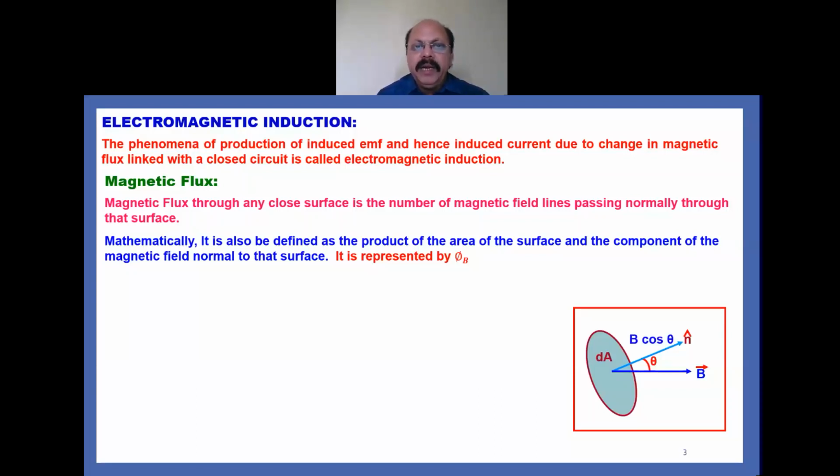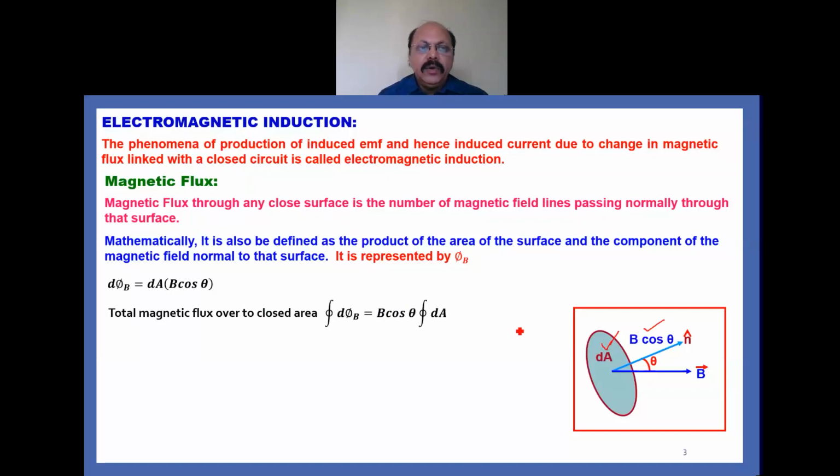So what we are saying, mathematically it is defined as the product of the magnitude of area of the surface and the component of magnetic field normal to the surface. So that is d phi B, the small magnetic flux through the small area, d phi B equal to B dA cos theta. Then total magnetic flux over the closed area, so what we do?